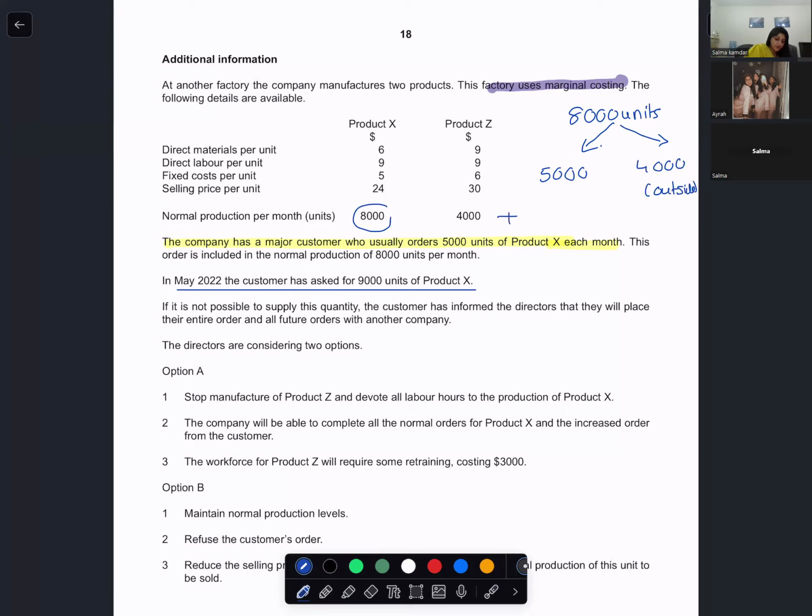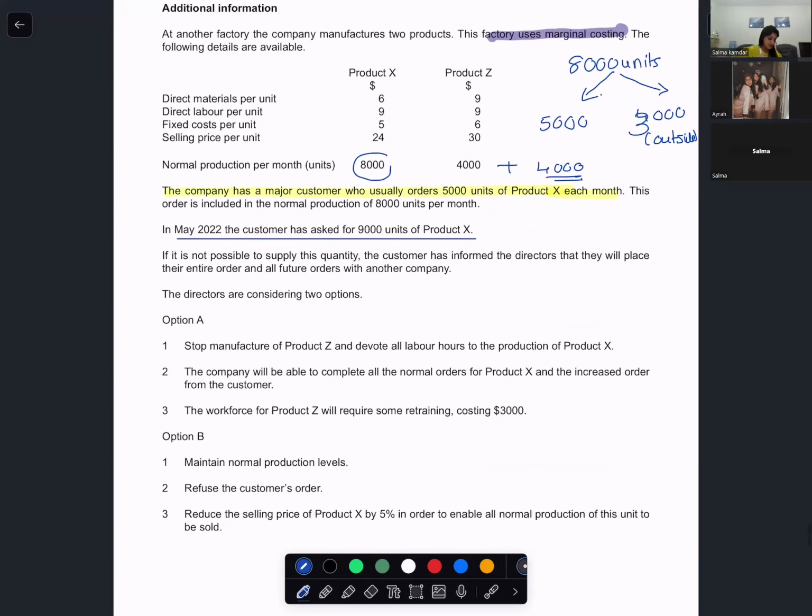Now he wants to order 4,000 more units, saying give me full supply, otherwise I will think of other options.